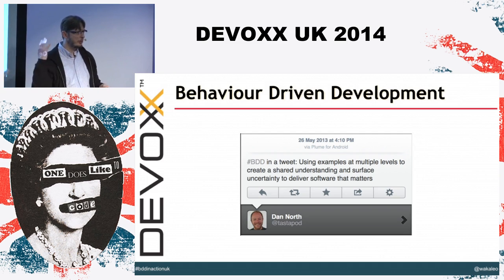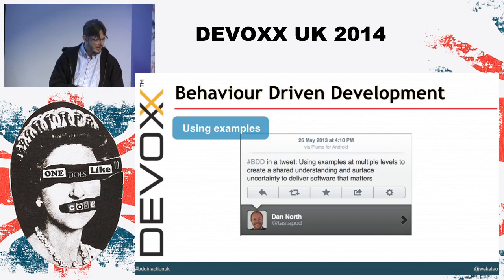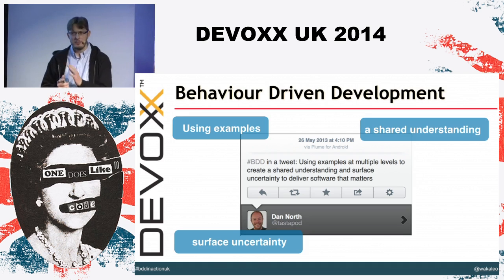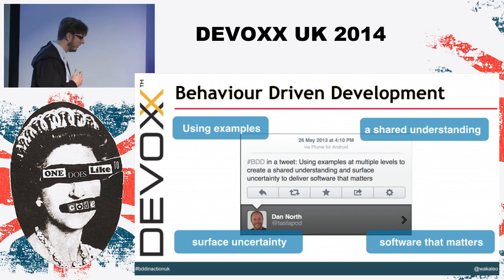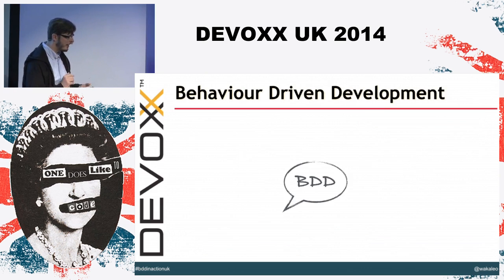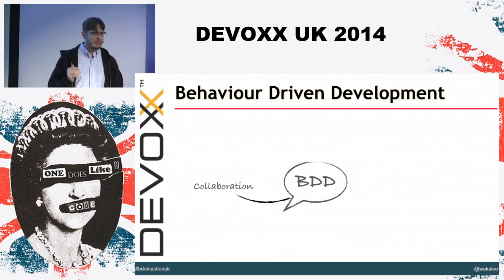So I won't bother you with the details, but essentially it's a technique that uses examples to build up a shared understanding and to surface areas of uncertainty, so that's important, uncertainty, doubt, and misunderstanding, to deliver software that matters. That's important as well. So behaviour-driven development is a whole lot of practices that circle around this idea.